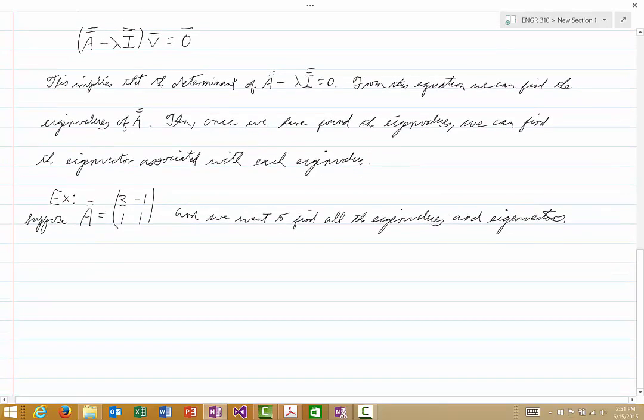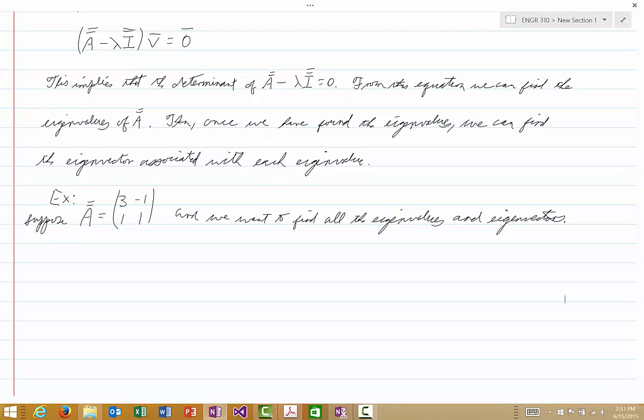So we take A minus lambda I, take the determinant of that and set it equal to 0. So the determinant of A minus lambda I is equal to 0.